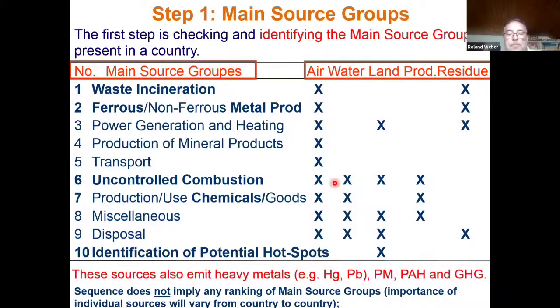At the same time, these sources also emit heavy metals like mercury or lead, but also particulate matter, PAHs, and greenhouse gases. I always say to countries, if possible, you should think of an integrated approach. For example, Oman will also finally have to do a mercury initial assessment.